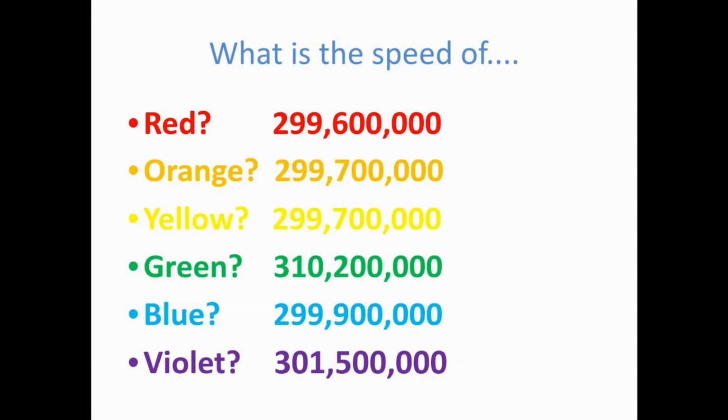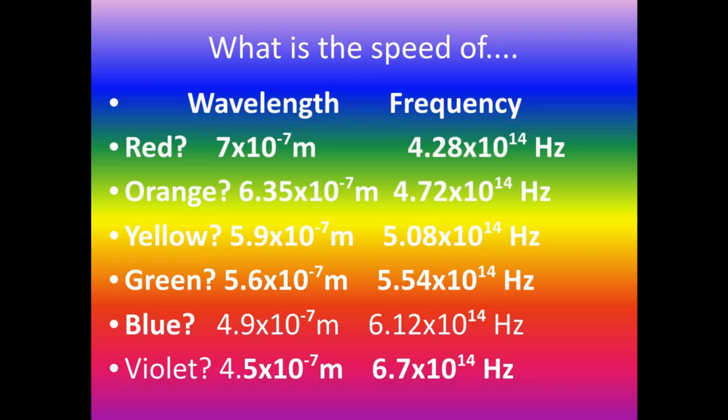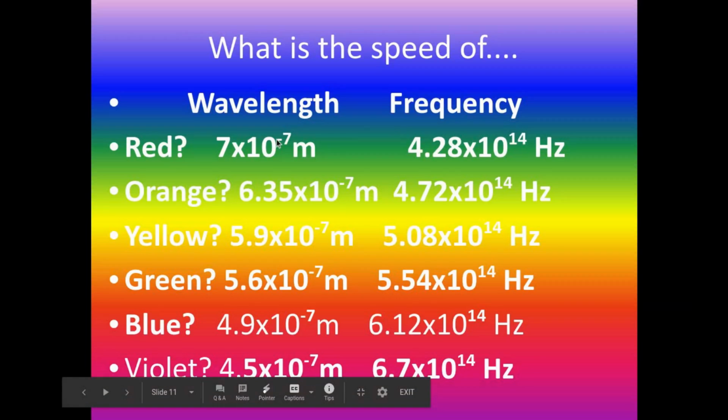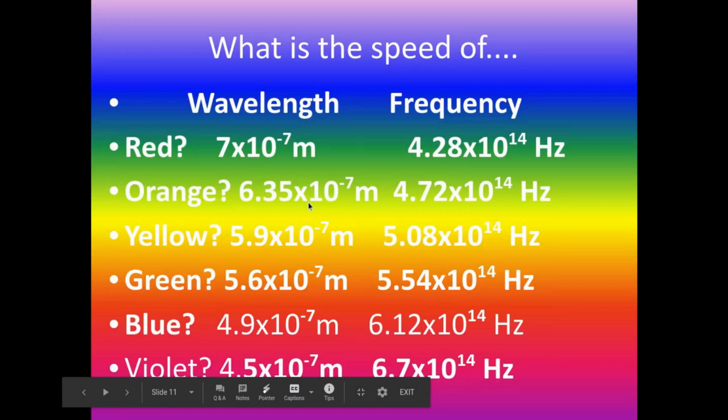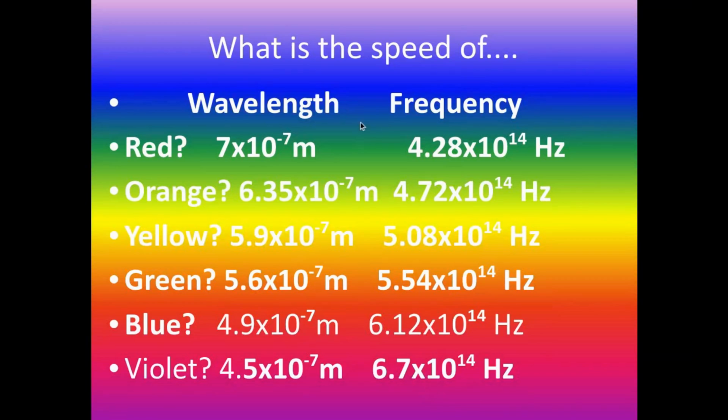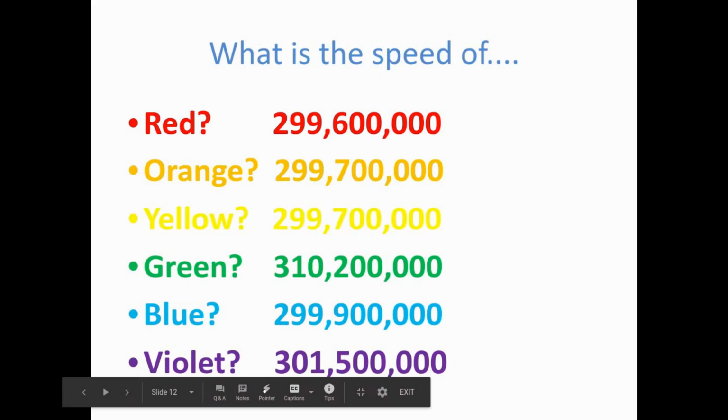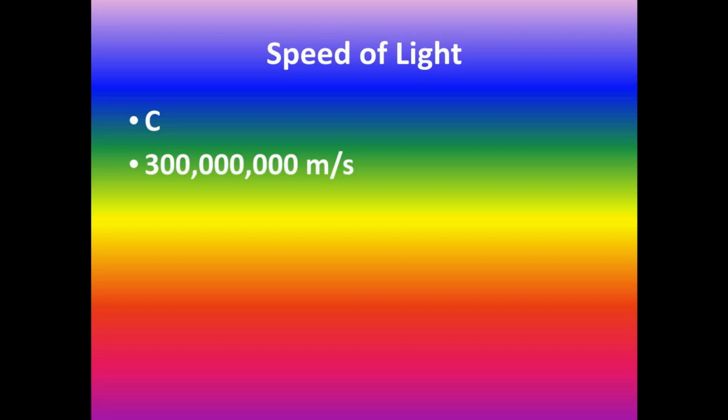So when we're using the speed of light to solve for wavelength or frequency, let's say we had 300 million as our speed of light, and I was given the wavelength, but I did not know the frequency, I would just divide. So that 300 million divided by the wavelength will give me the frequency. And the same thing if I'm given the frequency, but I'm looking for the wavelength, 300 million divided by frequency will give me wavelength. So this 300 million number is something that you should have memorized.